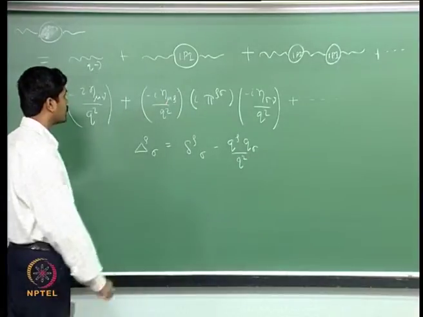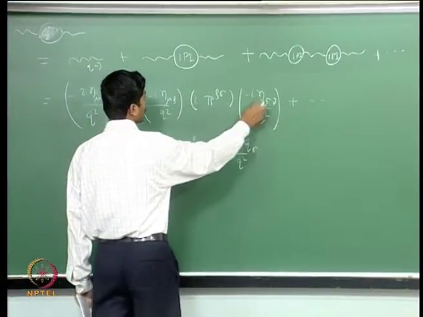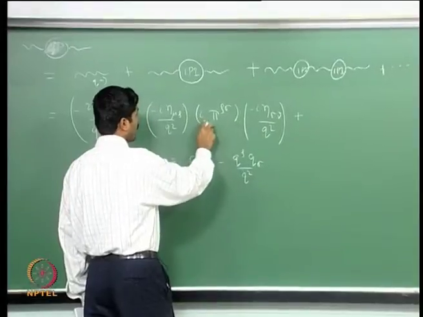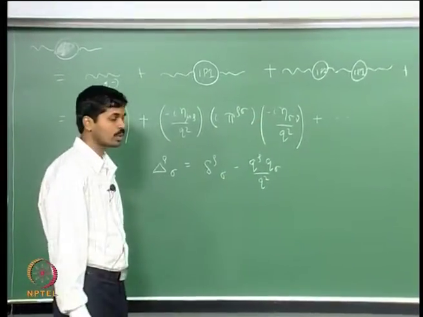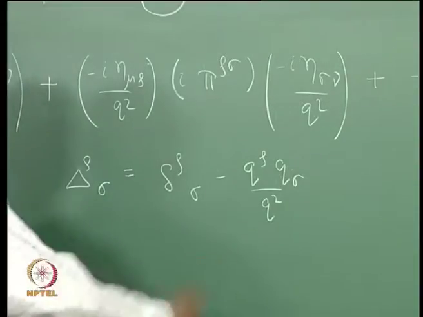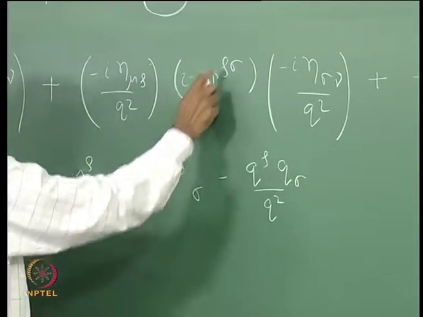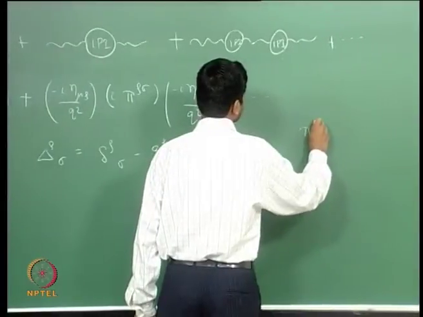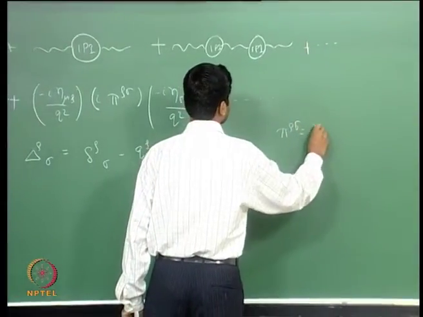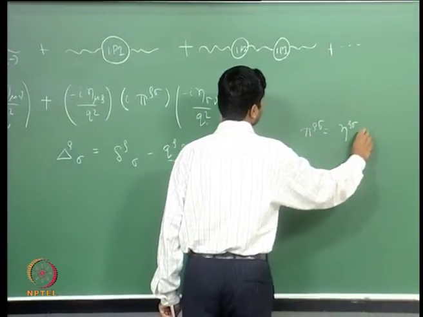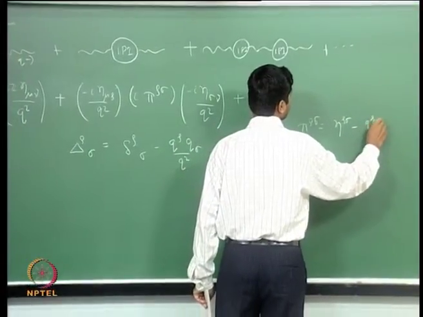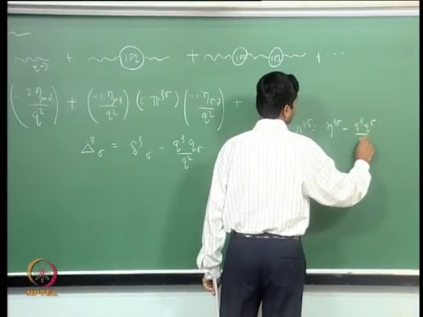Then you can see this quantity here: if I multiply this with this, then i times minus i gives me plus 1, and π_ρσ is simply η_ρσ minus q_ρ q_σ divided by q².